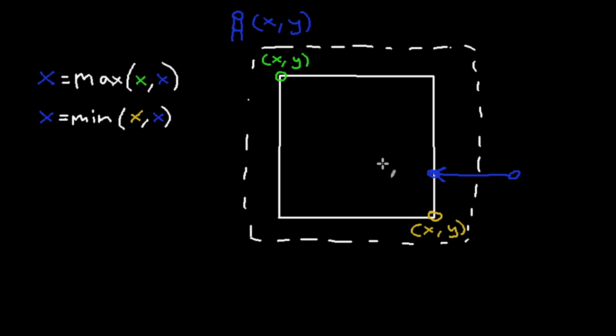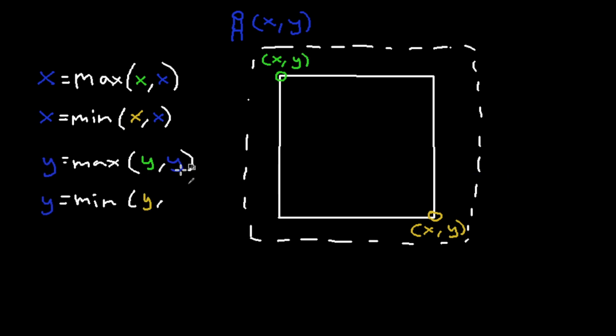If it's inside now, it will not get changed. So now we have clamped the X value inside of this square, and we need to do the same for the Y value. And so now we're clamping both values into this square, which will keep our pedestrians in the squares.